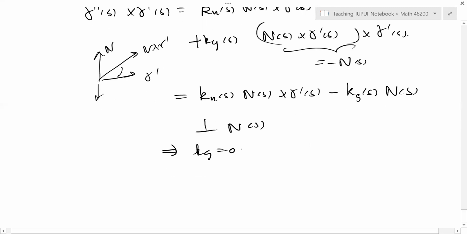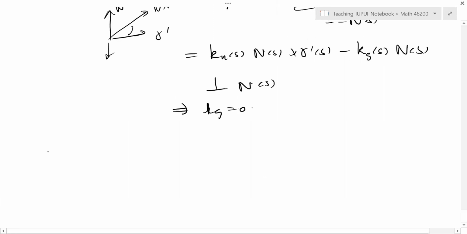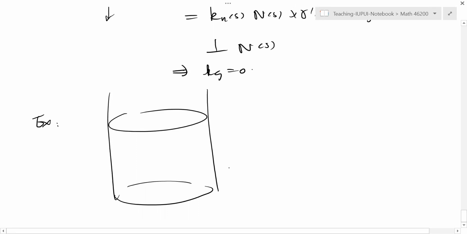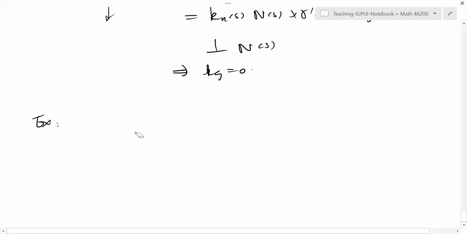But that's good, if you have a plane perpendicular to the surface. Let's look at a special example: a cylinder, not necessarily a circular cylinder, maybe something like that.